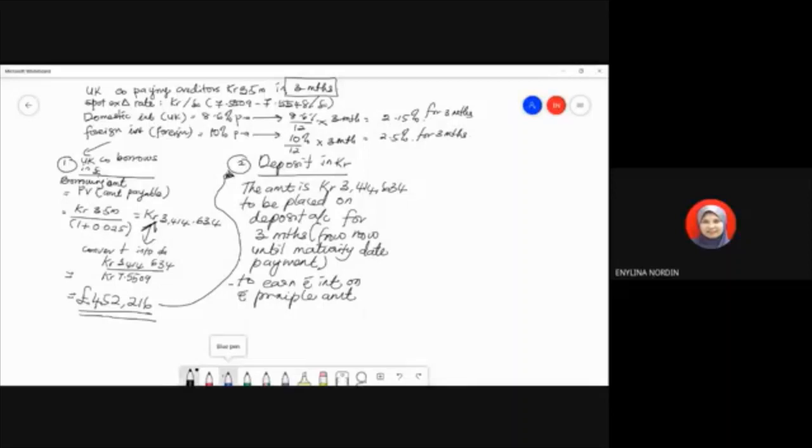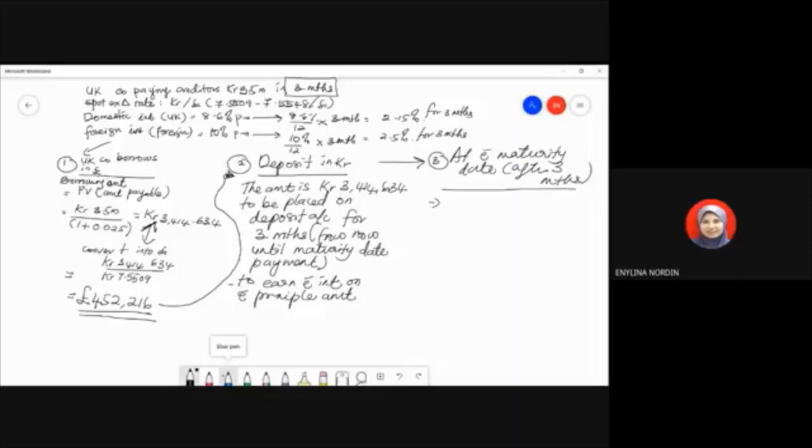Let's say at the maturity date, after 3 months, what happens to the amount in your deposit account? That is on the payment date. After 3 months, the maturity date is where you make the payment to your supplier.